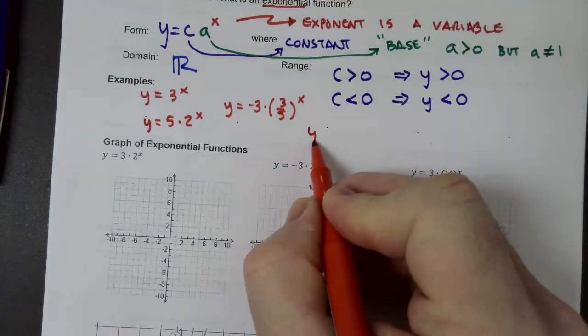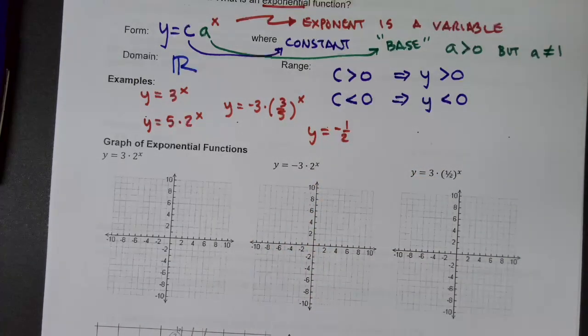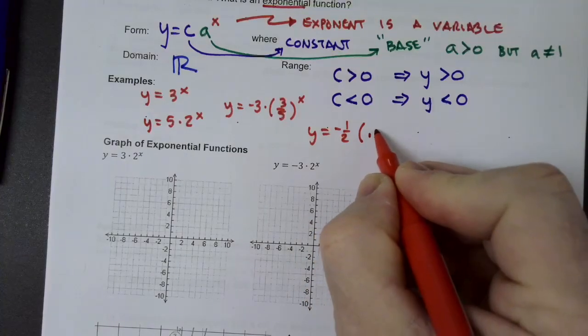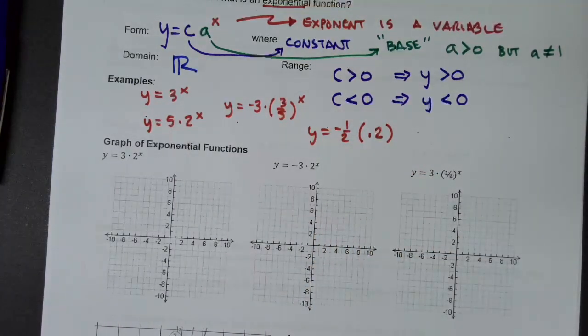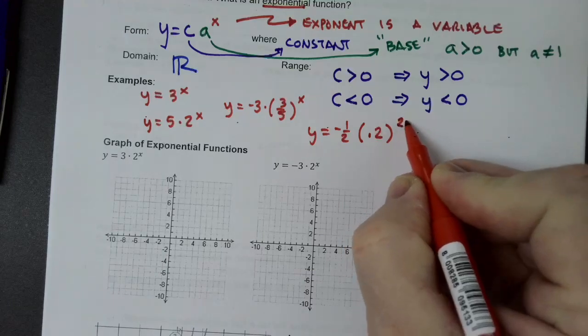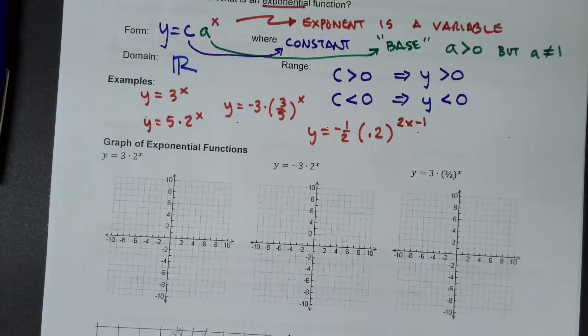And we might start seeing some that have a fraction for the coefficient, and we could even have in decimal form the base, and we might even run into cases where in the exponent there's an expression of x.